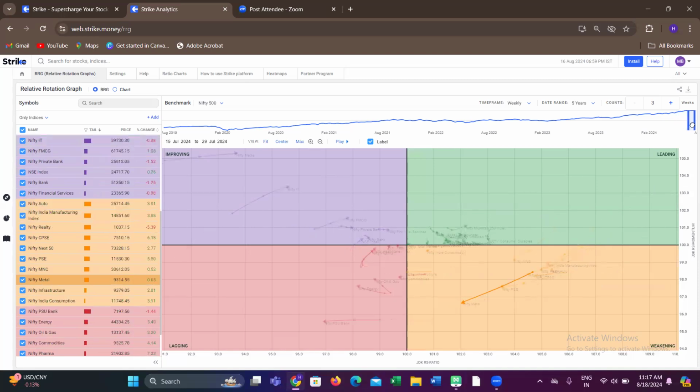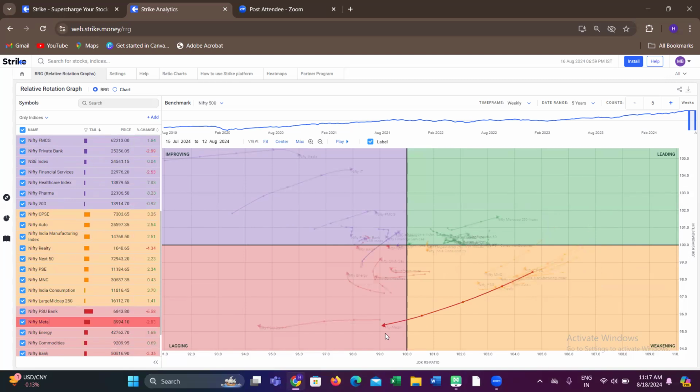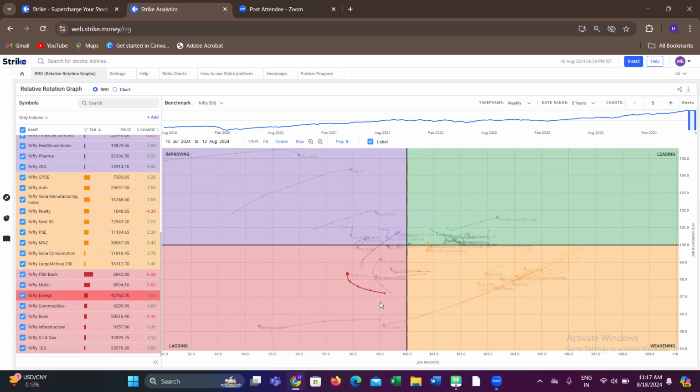And look at this. Right? So we need to keep a close eye if there is any turnaround story in the metal, and when it gets into improving from lagging, right? Energy. I've covered this today in my post. So energy is headed towards improving with slightly 90-degree.